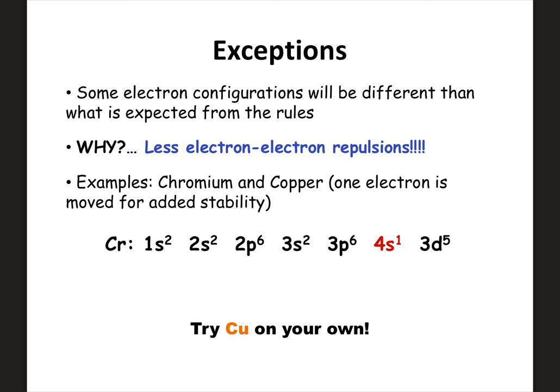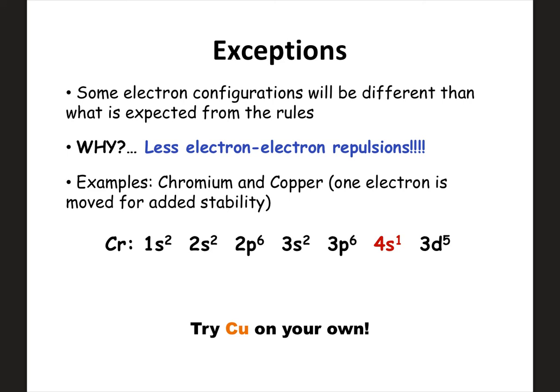Well, that's not entirely true. It's definitely not an AP level explanation. There's actually a little bit more going on here. But the easiest way to explain this is that these exceptions happen because there's less electron-electron repulsion. It does tie in with energy differences as well, but as long as you realize you can't just say these differences happen because of stability, you have to understand that there's more going on.